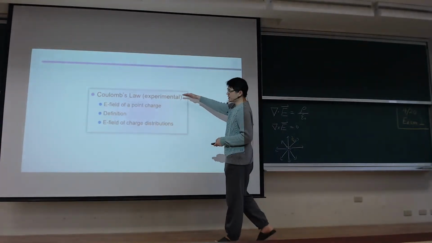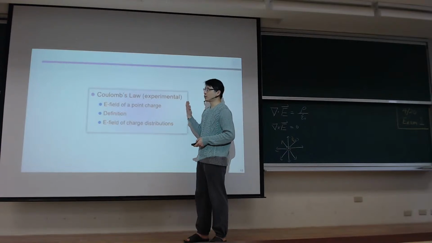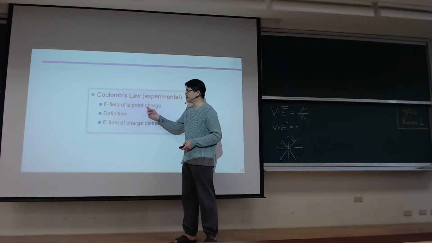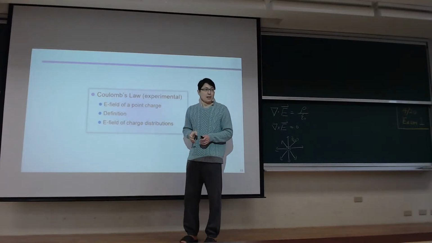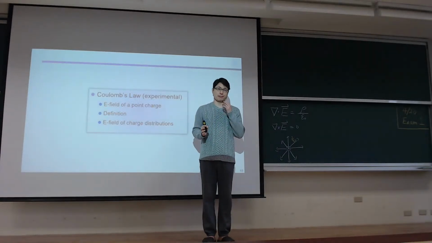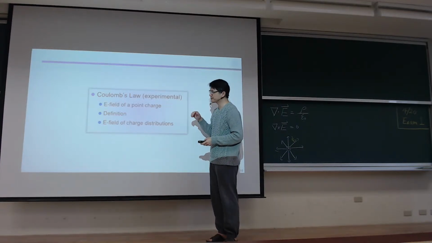So using Coulomb's law, I'm going to explain, we can now really quantify the E field of a point charge. Up to now, we only have a qualitative description, and we don't yet know the real value of the E field in space. So we are using Coulomb's law.